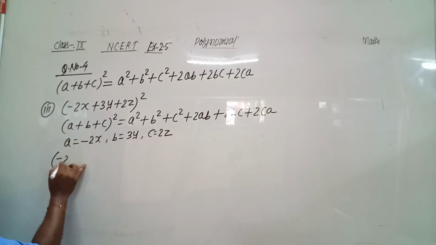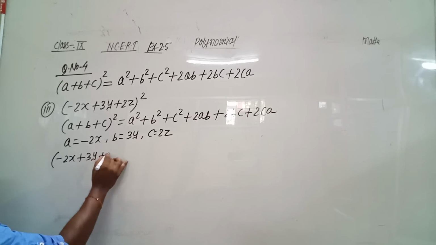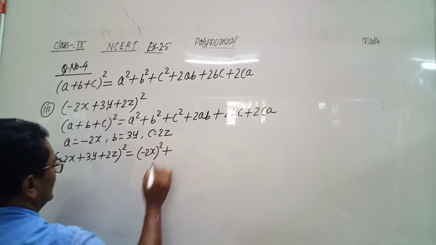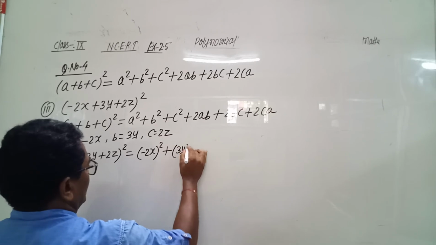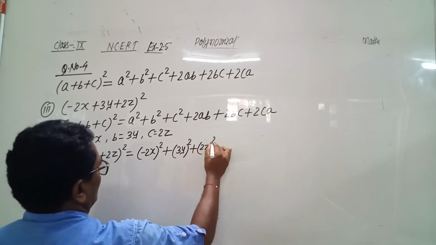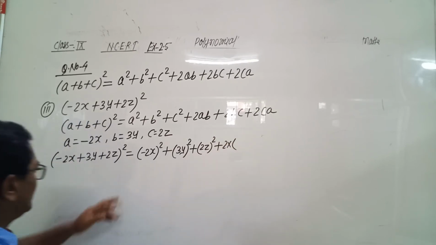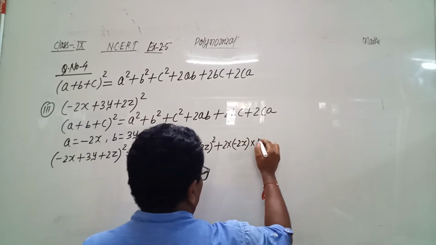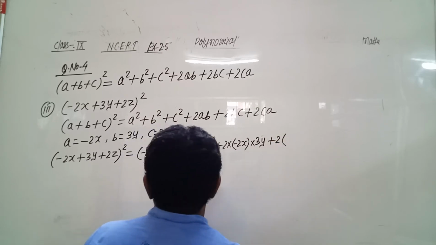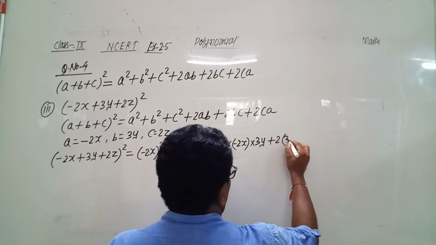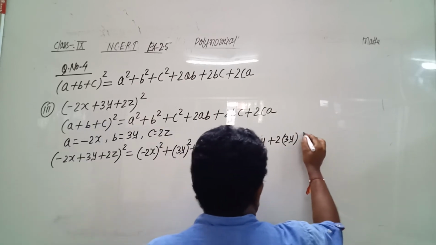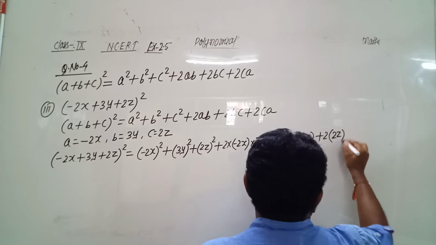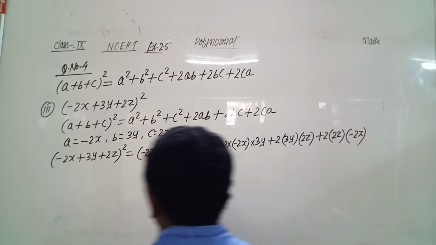Put the values: minus 2x plus 3y plus 2z the whole square equals a square, minus 2x the whole square, plus b square, 3y the whole square, plus c square, 2z the whole square, plus 2 into a, the value of a is minus 2x, and b is 3y, plus 2 into b, the value of b is 3y and the value of c is 2z, plus 2 into c, the value of c is 2z and the value of a is minus 2x.